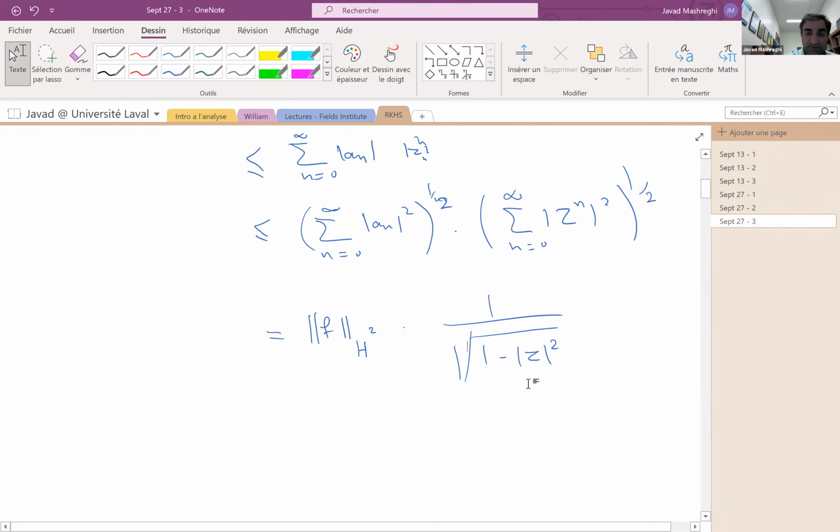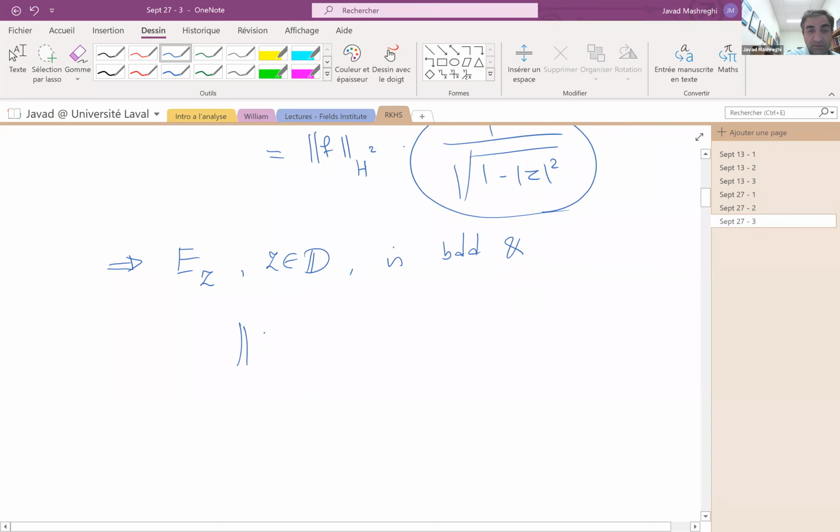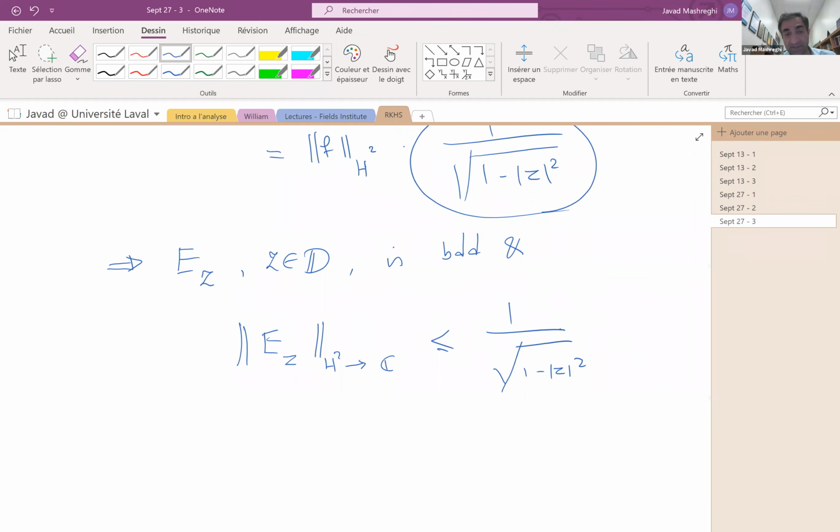So this shows that the evaluation functional at a point z in the disk is bounded, with an upper bound. Moreover, the norm of evaluation at z as a functional from H2 to C is bounded by 1 over the square root of 1 minus |z| squared. Good, we have done this for all previous spaces.